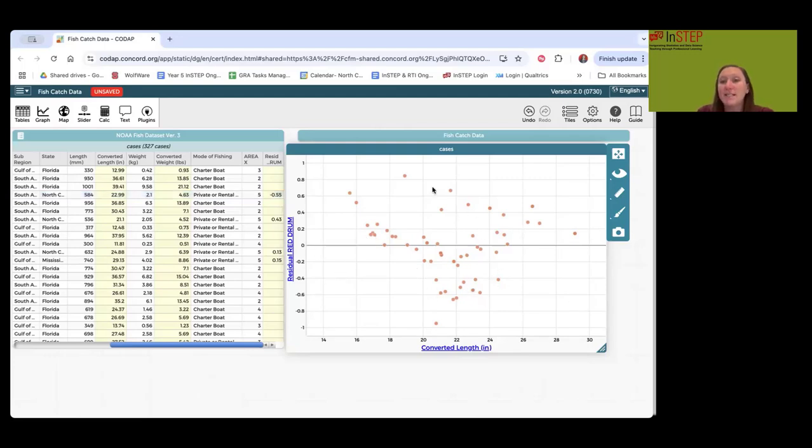And what we notice is, as we noted before, the middle values, there's some above and below because there were points on either side, but at our ends, at our shorter lengths and our longer lengths, they are always higher. Our observed values are always higher, meaning that our line is predicting the weight to be lower than what was actually observed.